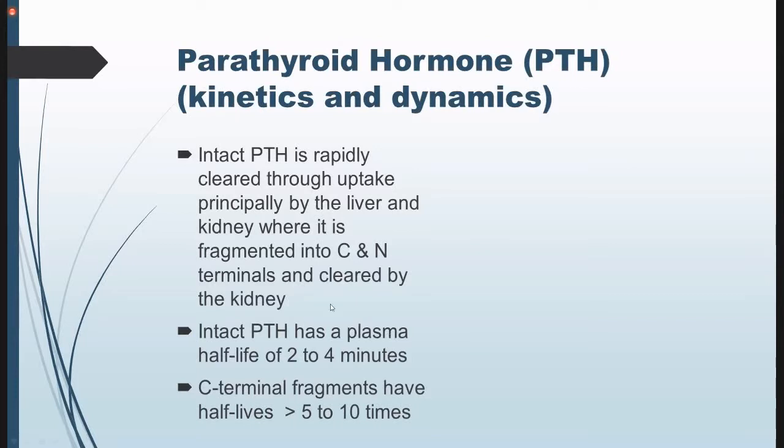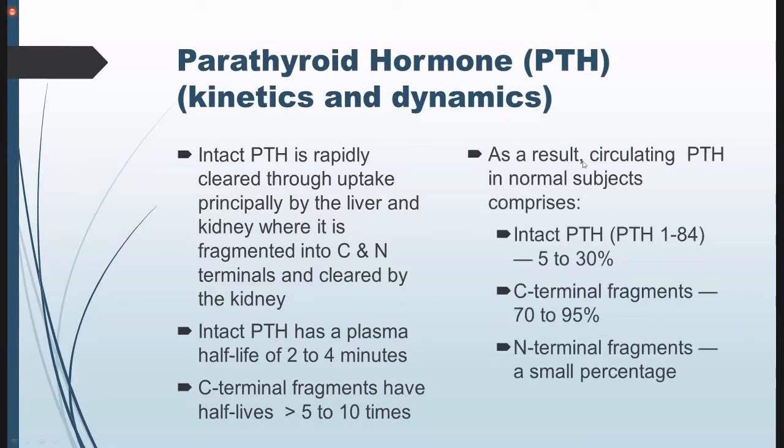But the intact PTH has a very small half-life. As a result, the circulating PTH in a normal subject comprises intact PTH, which comprises about 5 to 30% of the total PTH, and then the C terminal, which comprises 70 to 95%. And the N terminal is composed of a very small percentage.